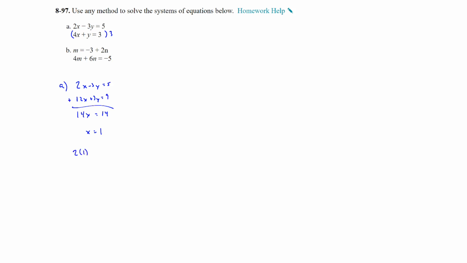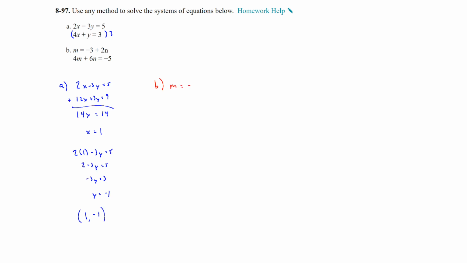Plug that back into one of the two equations. I'm going to go to the first one. So I have 2 minus 3y equals 5. Subtract the 2 to get 3, divide by negative 3 to get negative 1. Since we are solving a system of equations, we want to write that as an ordered pair, 1 comma negative 1.